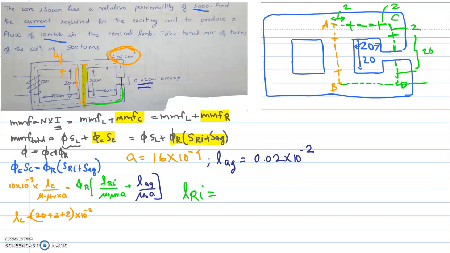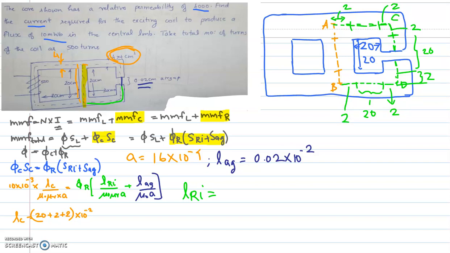This length is again 2, this is 20, so this will be 2, and here also it is 2.